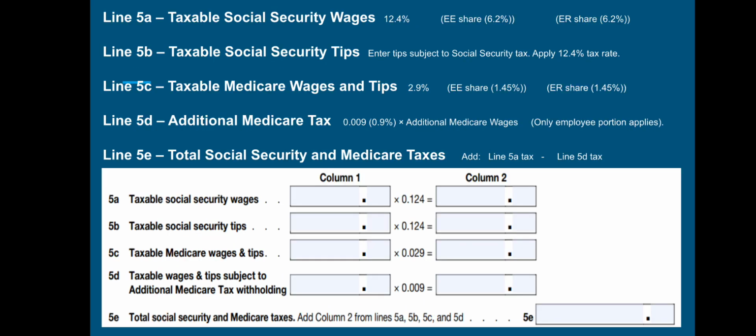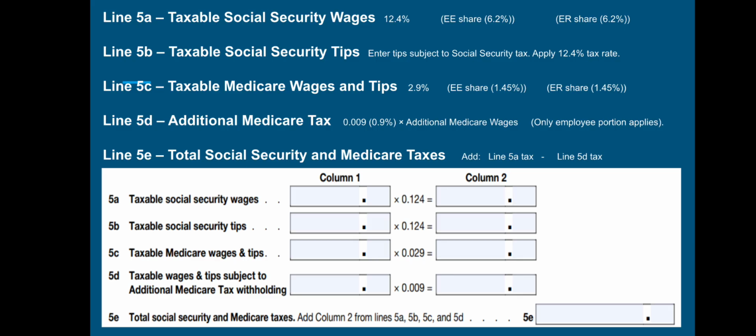Now on the next slide, I have attached the screenshot again for the points which I have mentioned in this slide. So on line 5A, you have to mention taxable social security wages, which is a total of 12.4%, which includes the employee and employer share of 6.2% each. Line 5B, taxable social security tips.